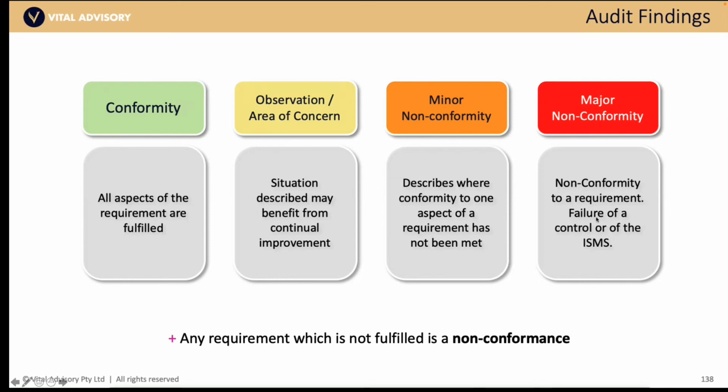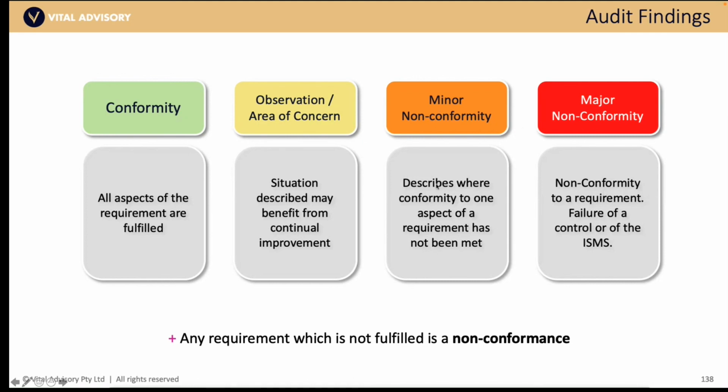It doesn't mean a control like access management failed once or twice. That's probably one of these. But if there is no access management at all, that may well be a major nonconformity if access management is a key control. So the complete and total failure, or even the non-existence of a control, may be a major, but it's typically a nonconformity of a mandatory requirement, a clause 4 to 10.